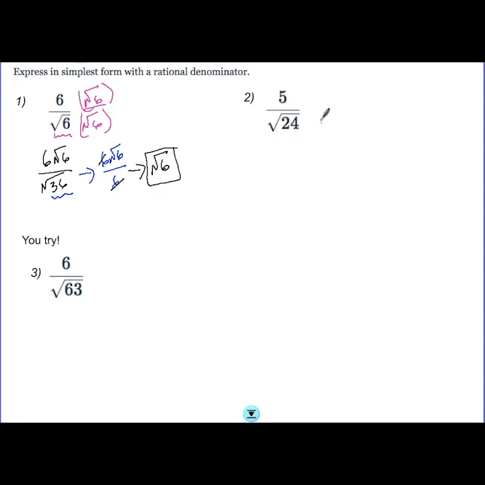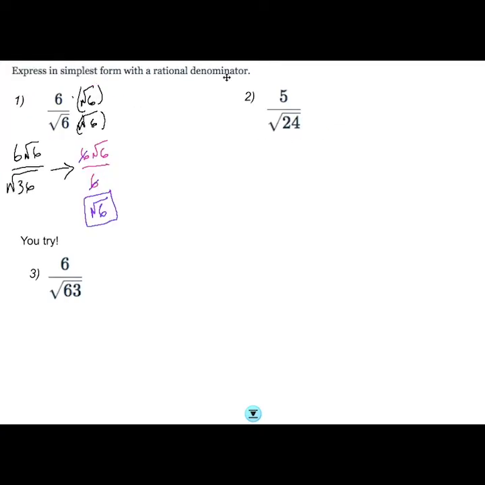We'll do a couple practice here, and then we'll let you guys try one also. So in this problem, I am going to multiply top and the bottom by the square root of 24. Top would be 5 square root 24. On the bottom, it's going to be the square root of 576. Hopefully you're seeing what's happening here.